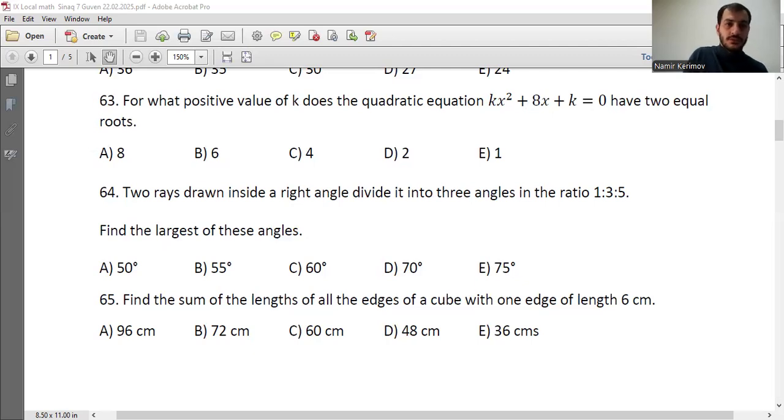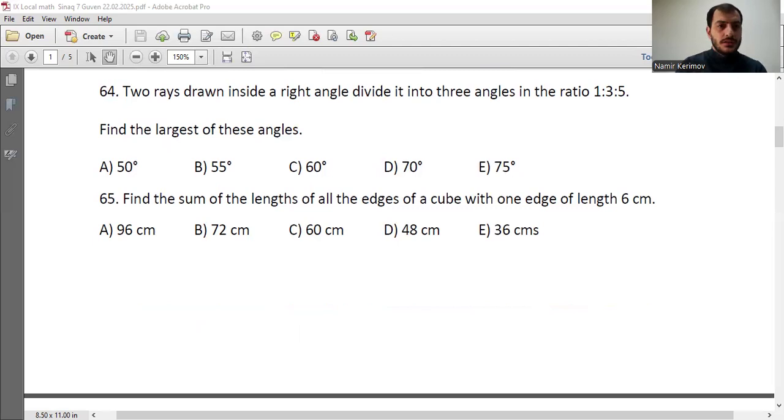In 64, 2 rays drawn inside the right angle divide it into 3 angles in the ratio. So we have a right angle, 90 degrees, and there are 2 rays inside. And the ratios are x, 3x, and 5x.